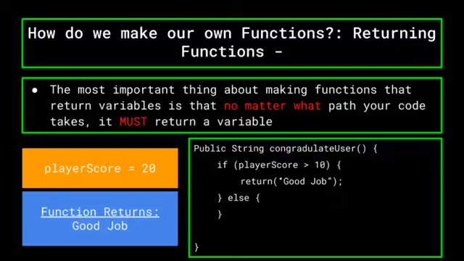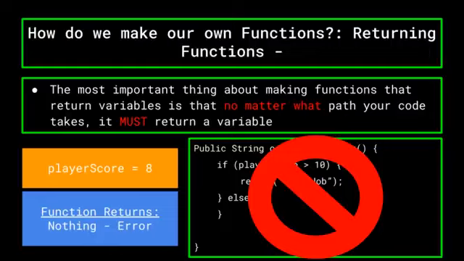This works fine if you printed the result of this function and the player's score is above 10, but if the player's score was less than 10, then you don't enter the if statement, and then you don't have something prepared to be returned to the user, and so the function is going to throw you an error. You have to have all your paths covered, which may seem simple, but if you're making a function with a switch statement in it containing high amounts of cases, then this can get out of hand very quickly.